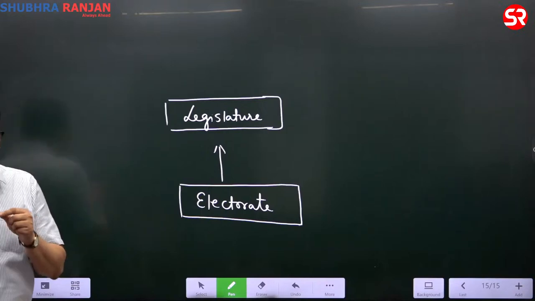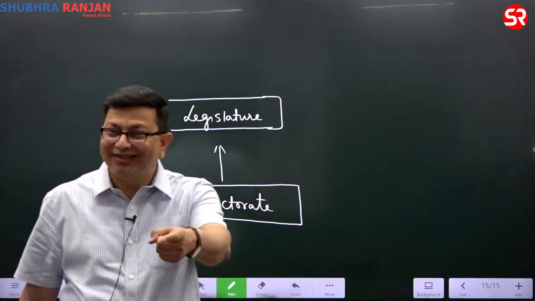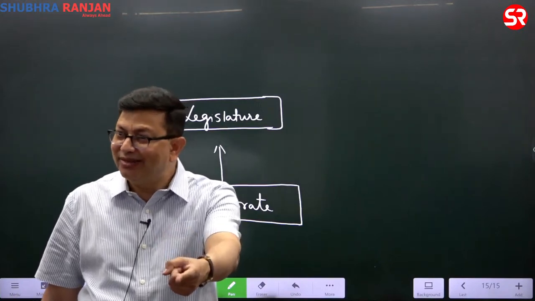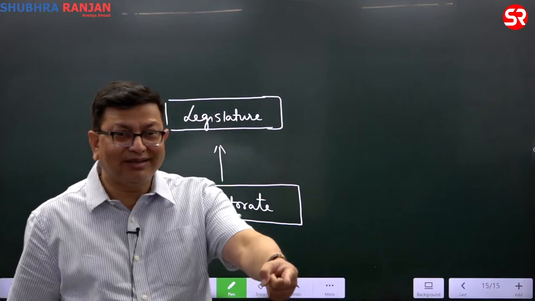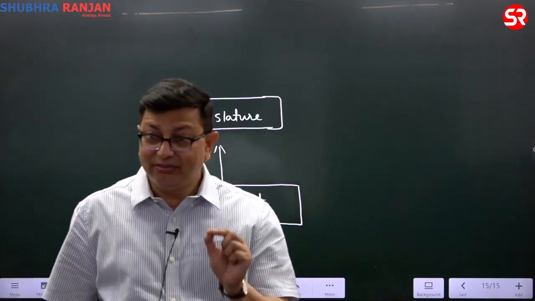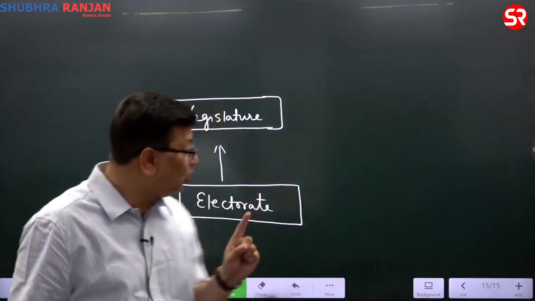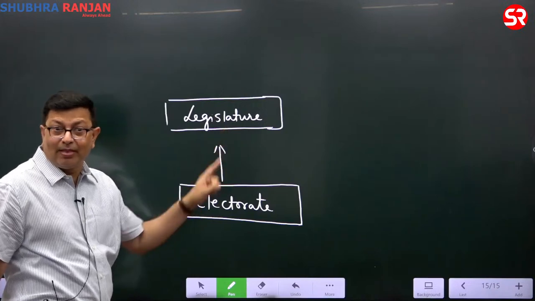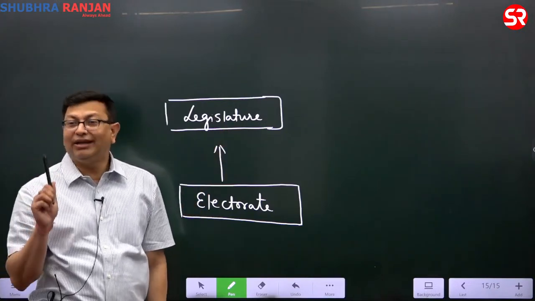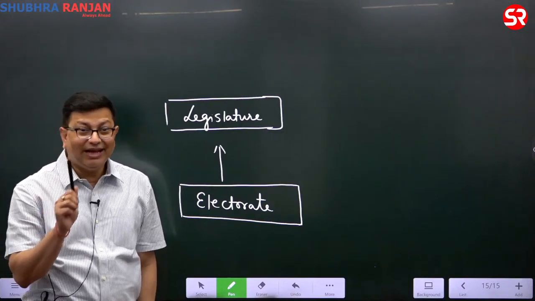For whom have you given the vote? To elect your representative. You had not given the vote that he will be our minister, but in your mind, okay, he will be our representative.